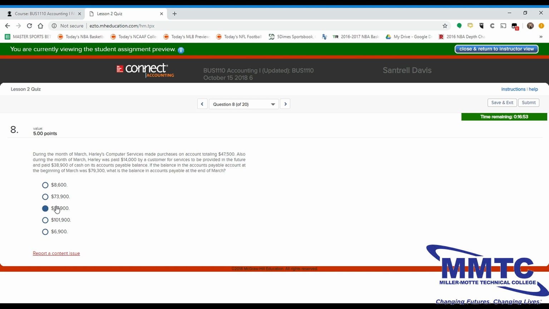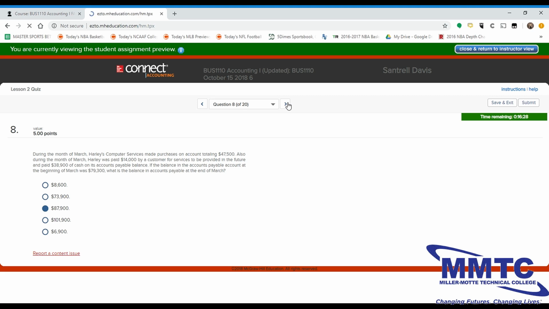Okay. So we didn't have to do anything with the $14,000. What was that? I lost track. That's future services. No, because it asked us about accounts payable. This is somebody who gave us money for services that we have not done yet.